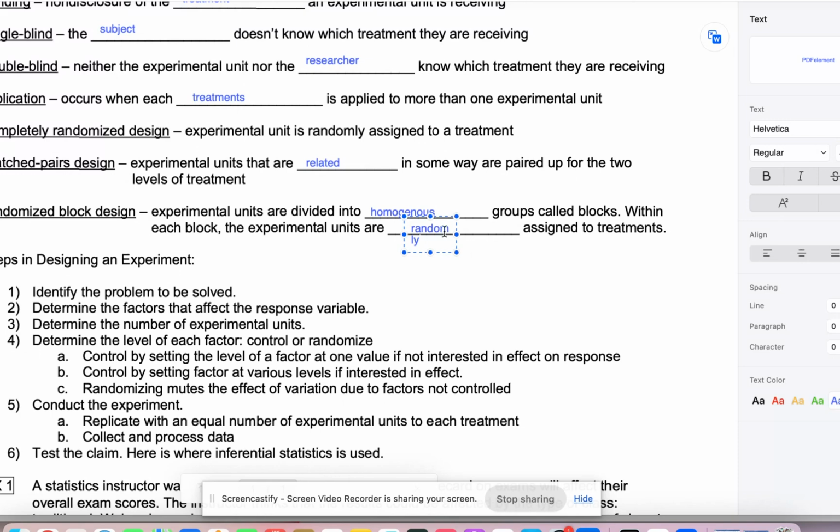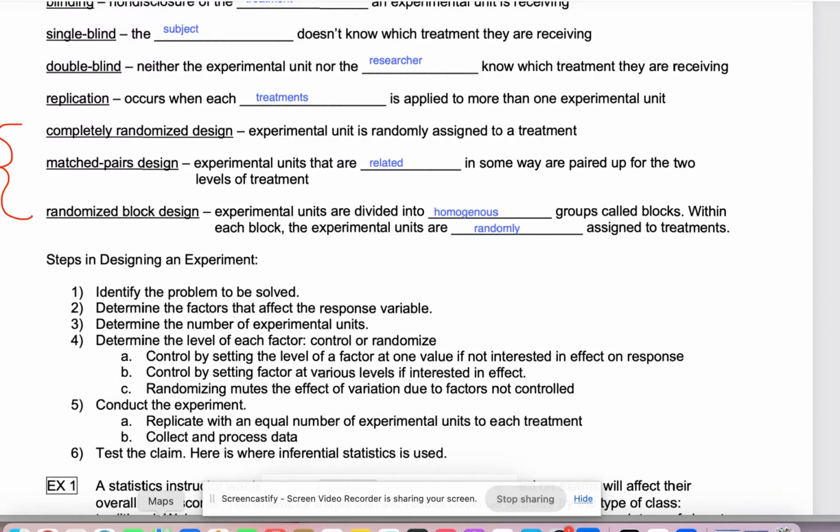So an example of this might be if I were doing a study of students at our school. I might randomize block by grade level, for instance. So I have grouped all of the subjects into grade levels. So I've got one homogeneous group of 9th graders, 10th graders, 11th graders, 12th graders.